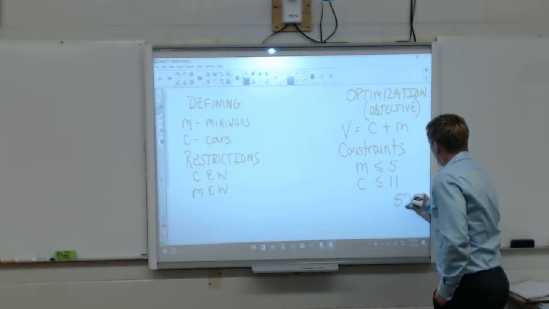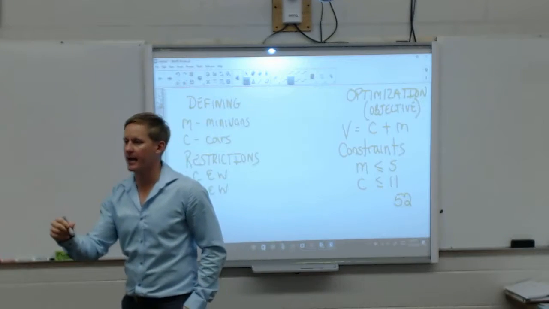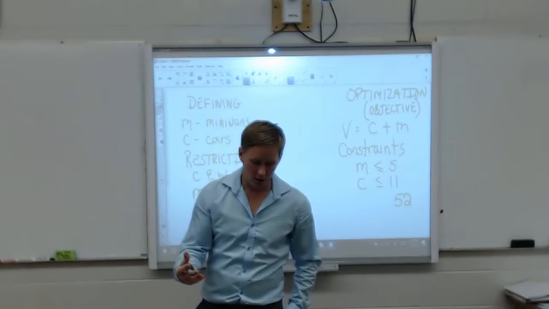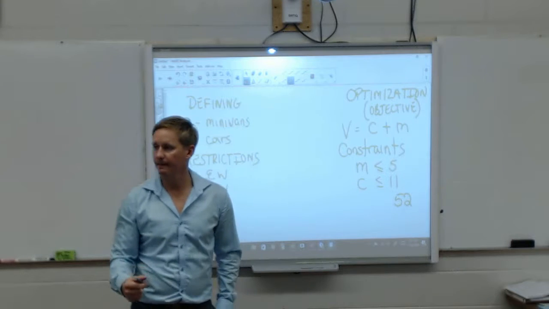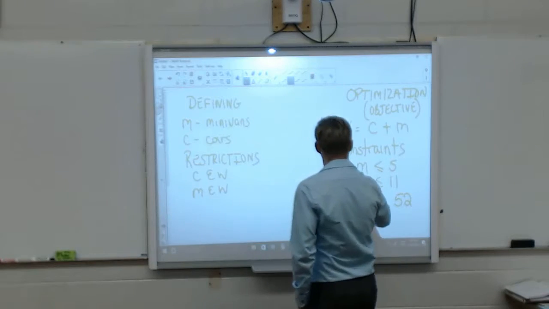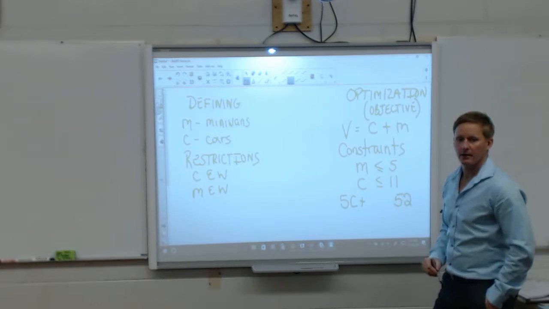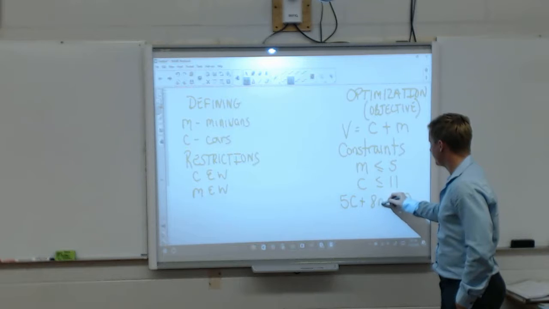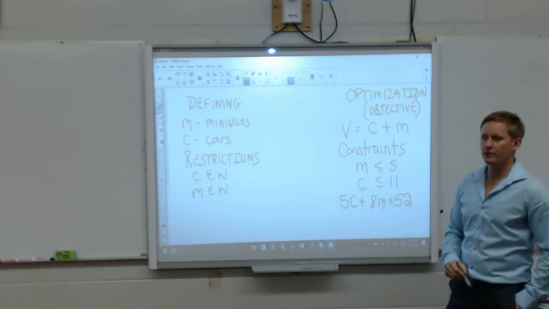So now when I look at how many each minivan and how many each car can take, all right? If I'm putting them all in a car, how many can I fit in a car? 5. So I go 5C plus, how many can fit in the minivan? 8M has to be less than or equal to 52.